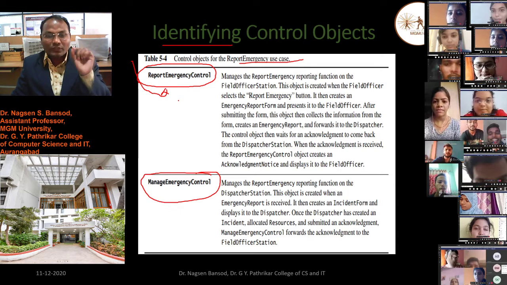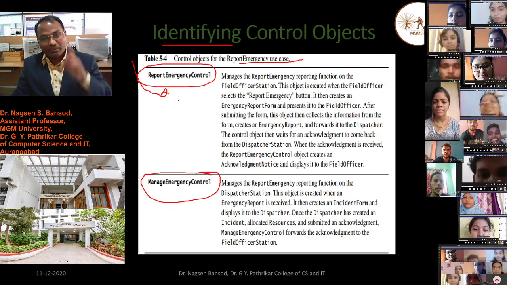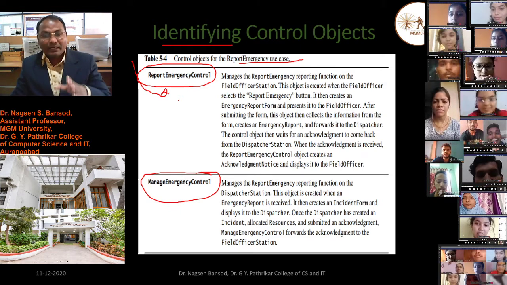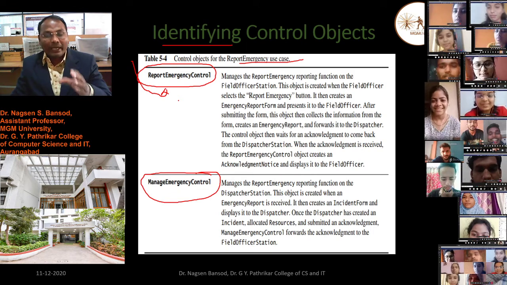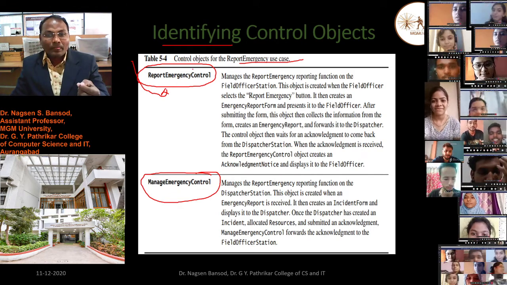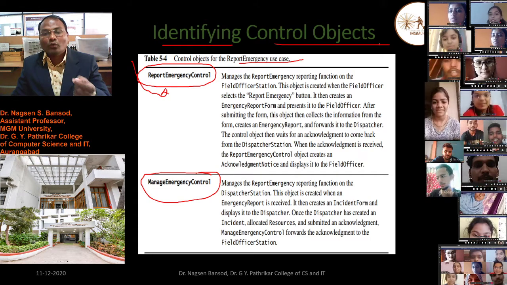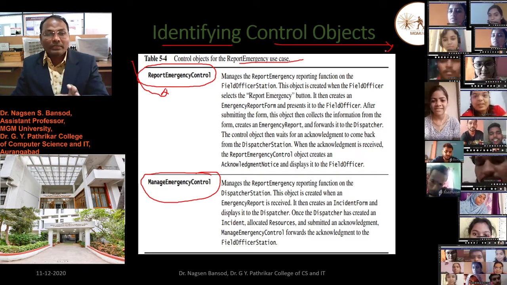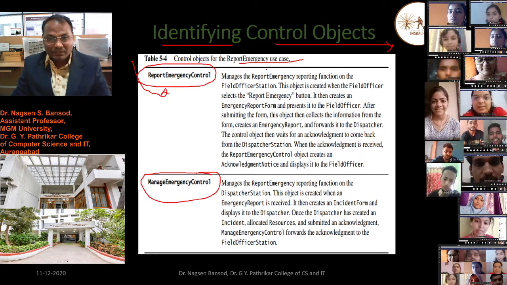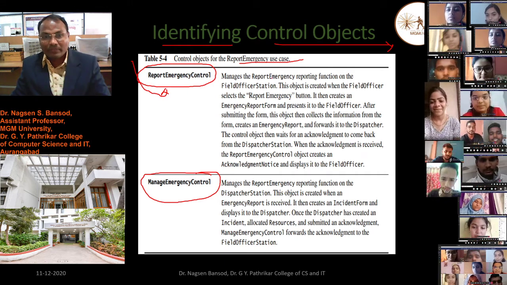When you design software, you have to collect information from the user, and at that time you have to identify the control objects from that information during the analysis.